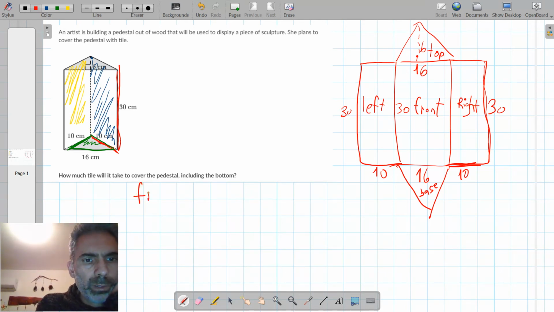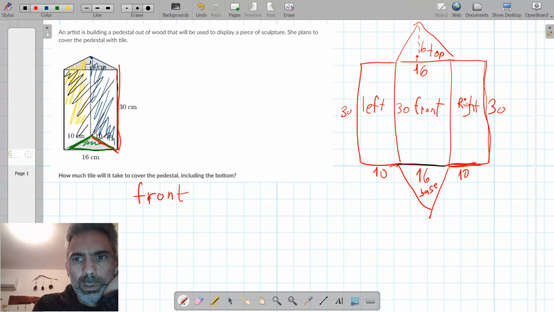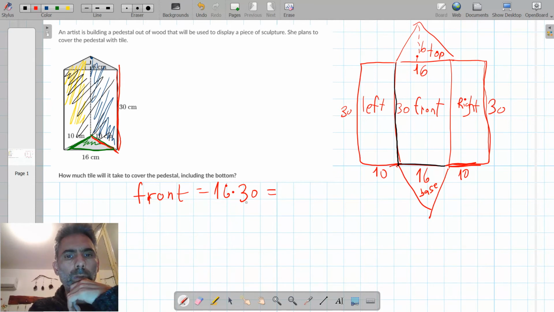So the front face, the rectangle in the front, has an area of 16 times 30. 3 times 16 is 48, so it's 480.